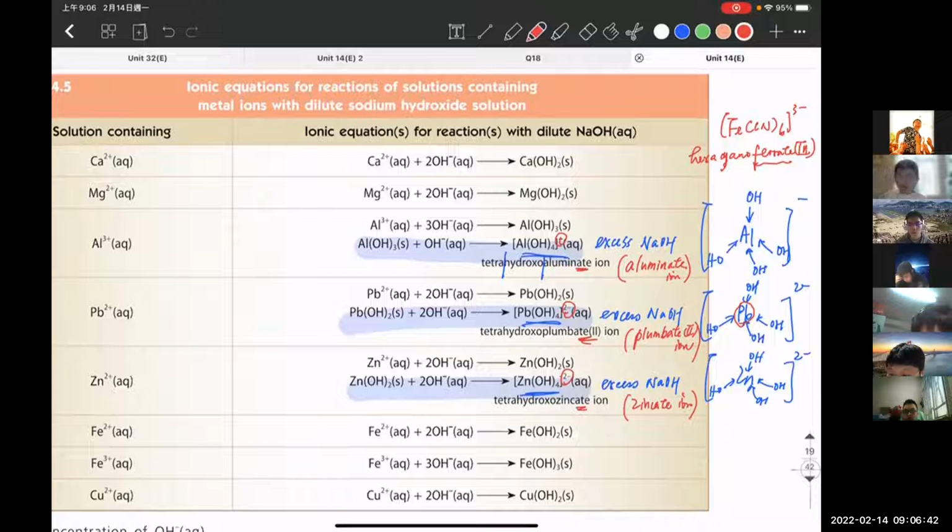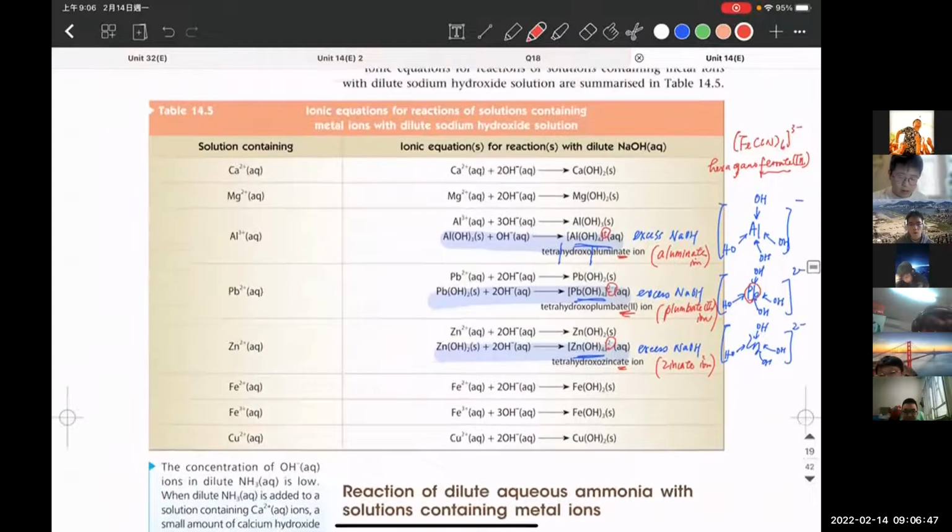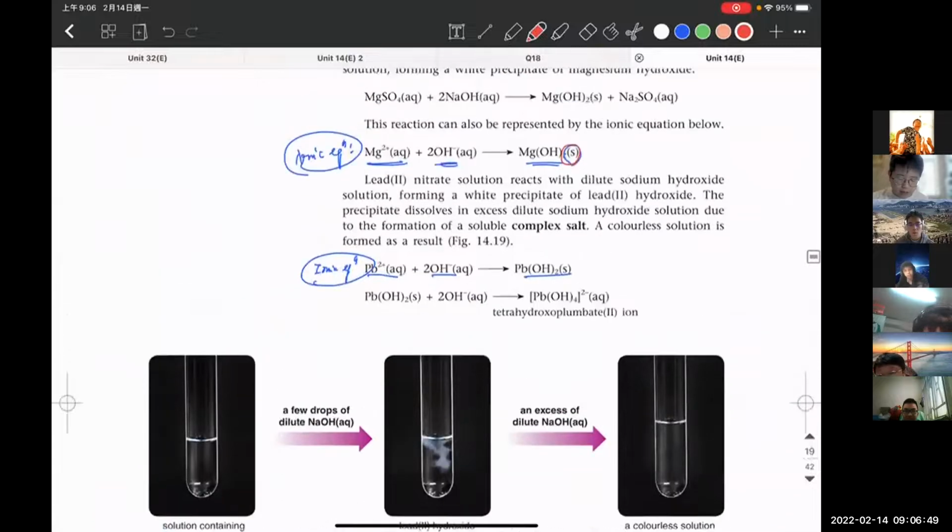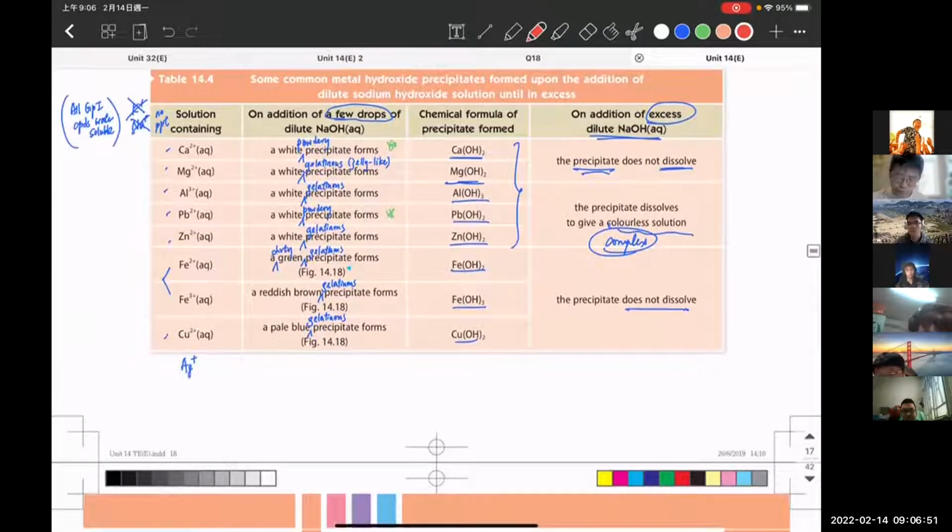silver ion? Now, silver ion is a very special case. For silver ion, the PPT formed is brown, or use the word gray PPT. But for the chemical, we do not have any silver hydroxide.